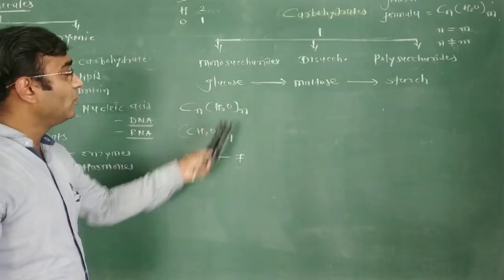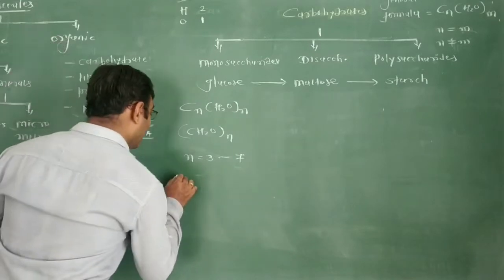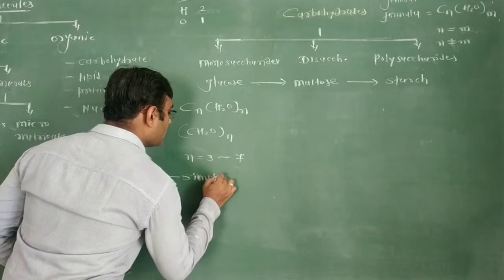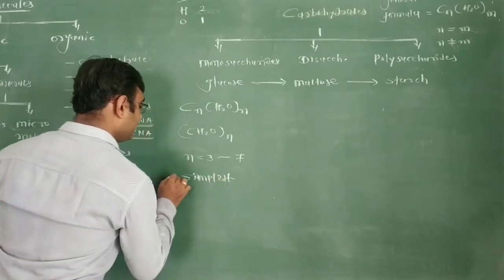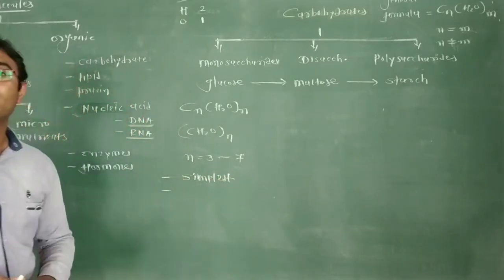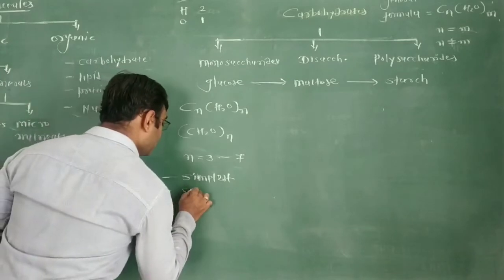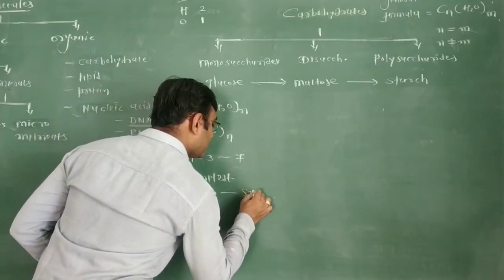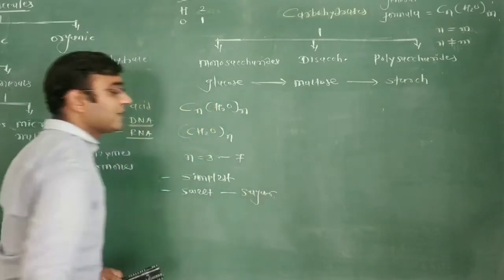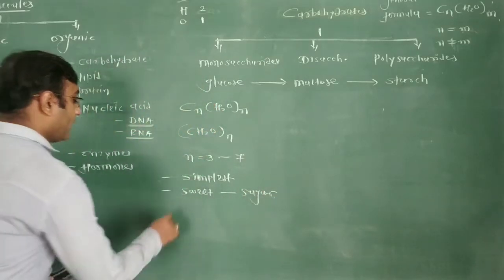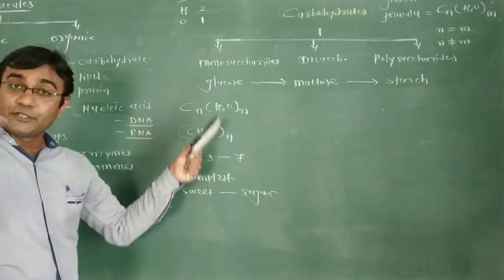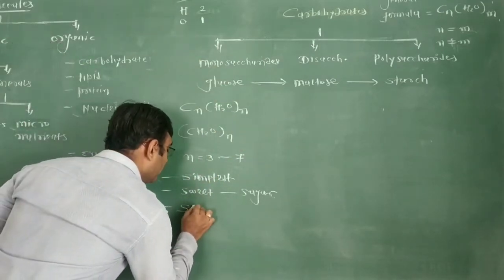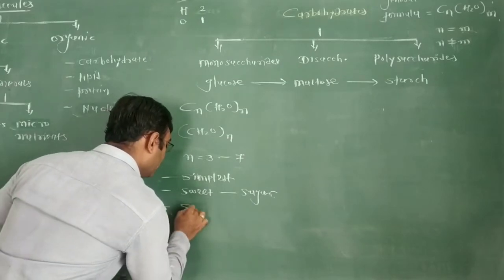Monosaccharide example glucose. Monosaccharide is the simplest sugar, that is the simplest carbohydrate. Why can we say sugar? Because it is sweet in taste. Monosaccharide glucose dissolves in water, so we can say monosaccharide is soluble in water.